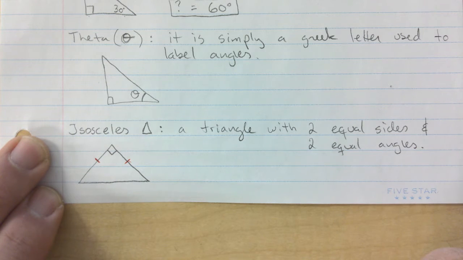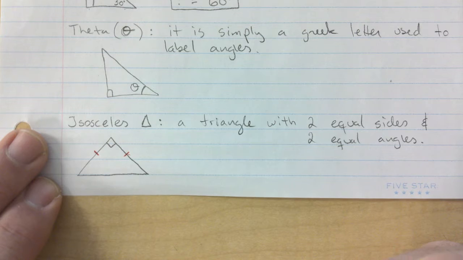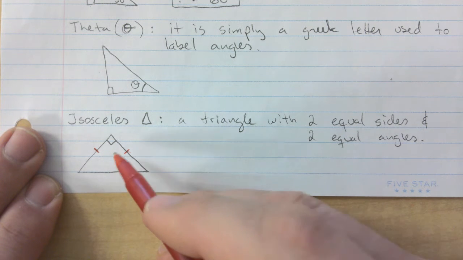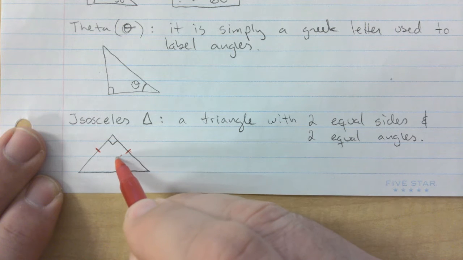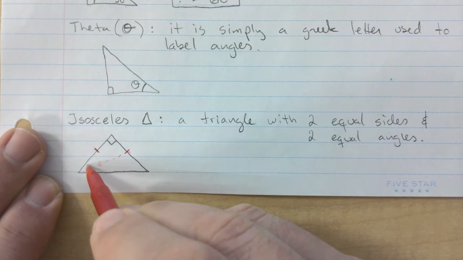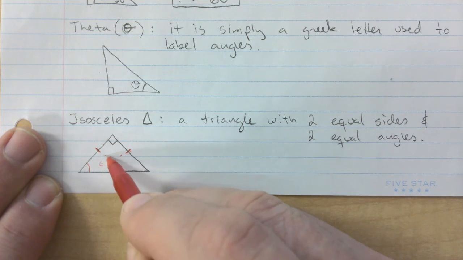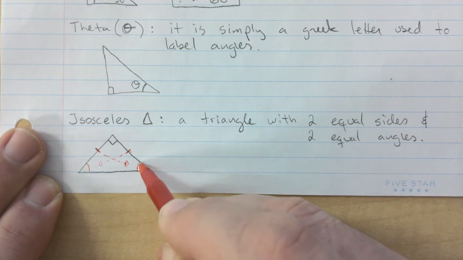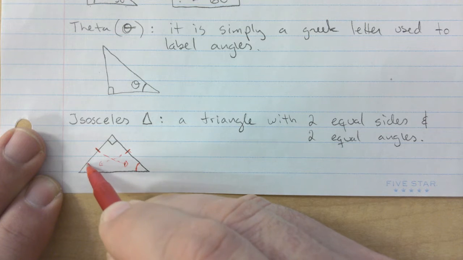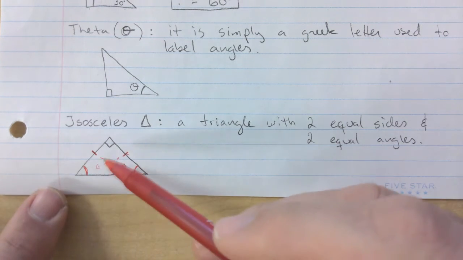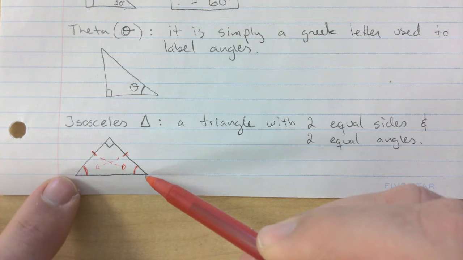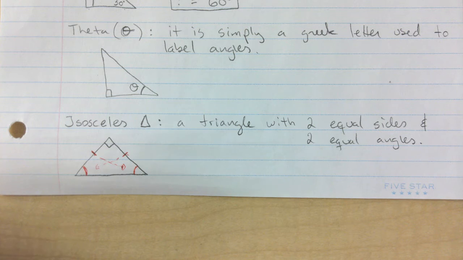They measure the same. Okay? If you have that, you also know that the angles across from them are also going to be the same. Okay? So the two side lengths, you go across, then you know that these two angles are going to be the same. Okay, so it's kind of a neat thing.